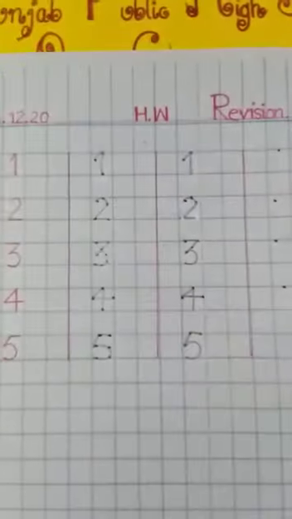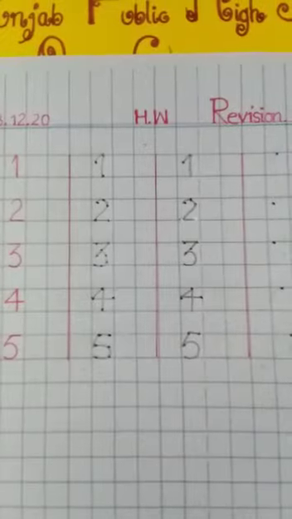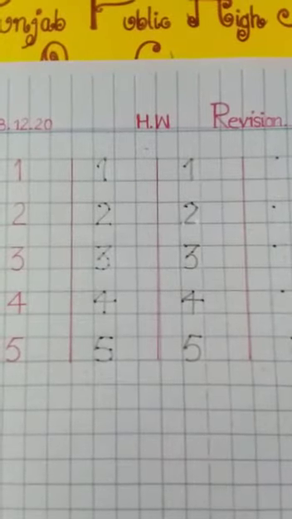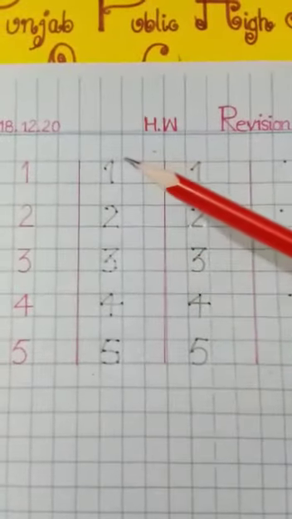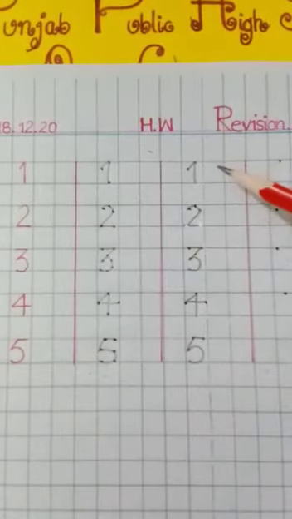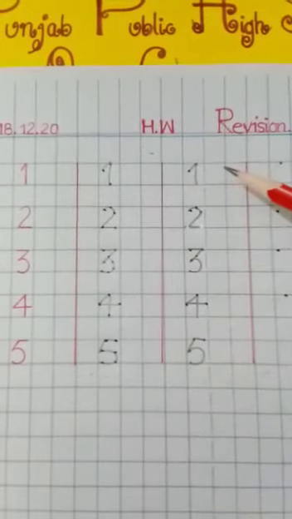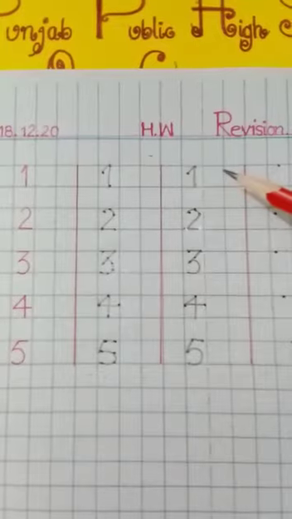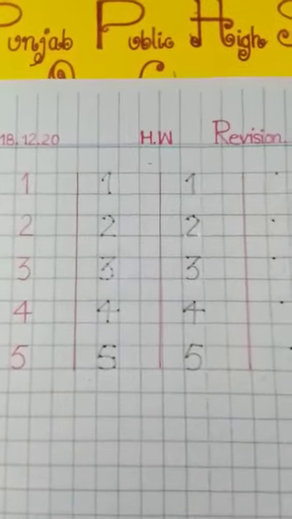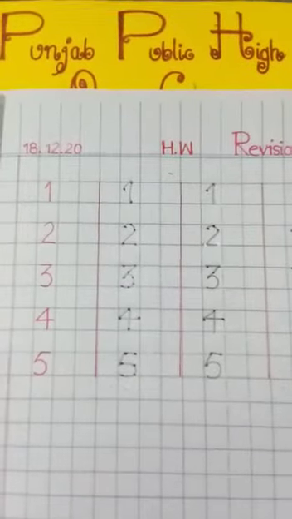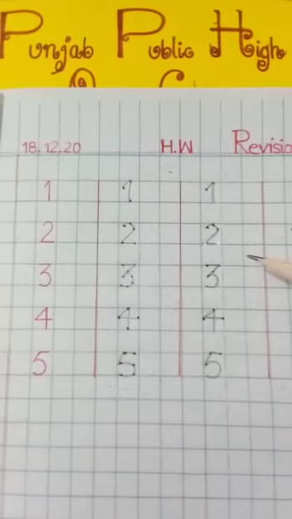So kids, our today's homework is about revising these 5 numbers according to this pattern or this pattern, but give this try to your writing because this will improve your writing skill and hand skill.